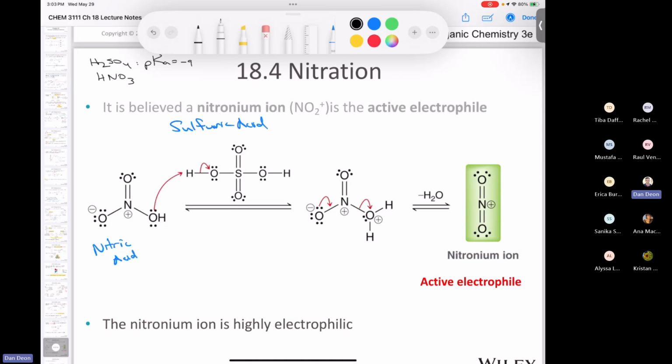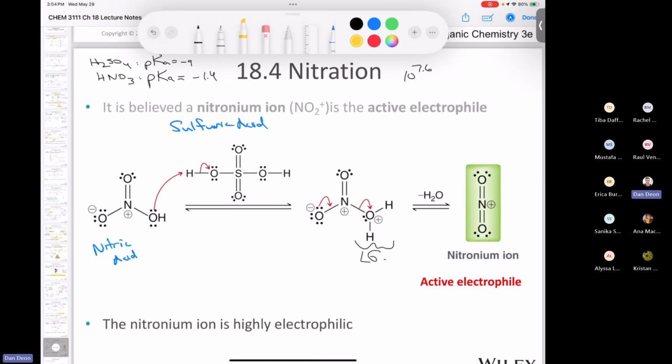I don't remember exactly what it is. I put here -1.4, so I just wrote that in my notes. And so there's a difference of 10 to the power of 7.6 in terms of acidity. So that means that sulfuric acid is 10 to the power of 7.6 times a stronger acid than nitric acid. So that's why sulfuric acid is strong enough to protonate nitric acid. Then you create a good leaving group, which leaves, and then you form the nitronium ion, which is a very, very powerful electrophile.